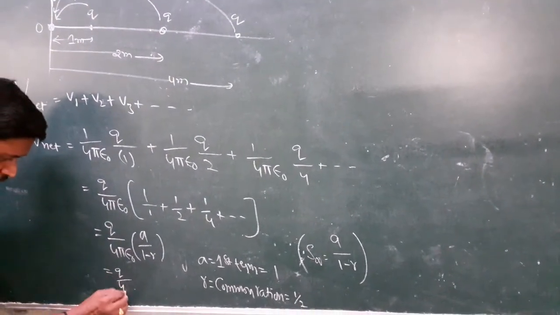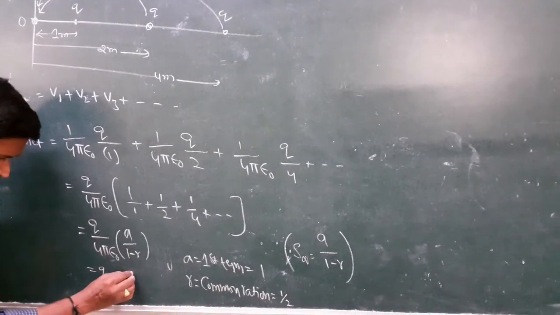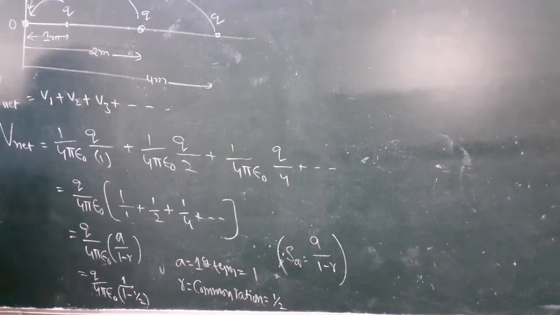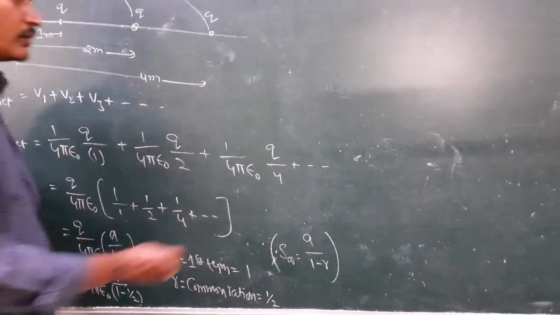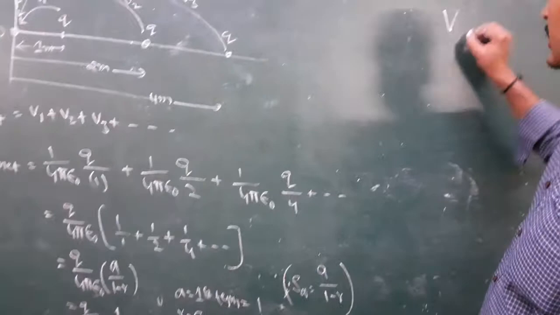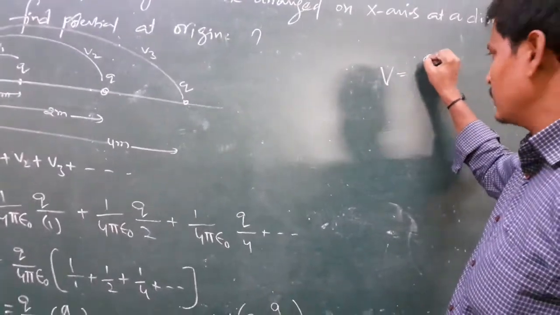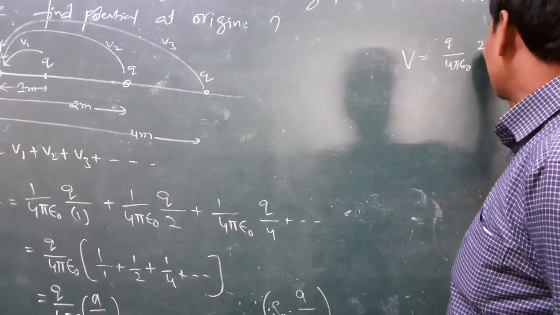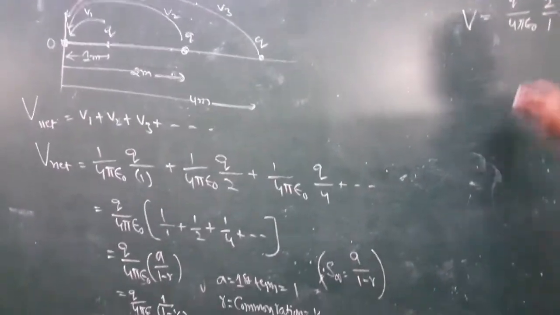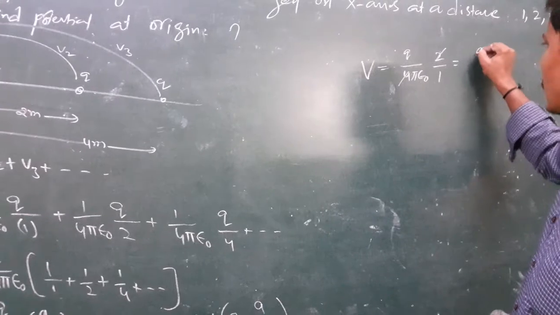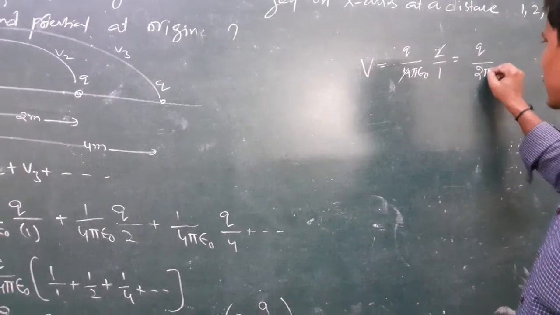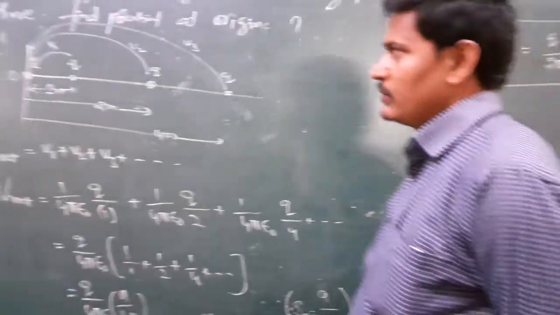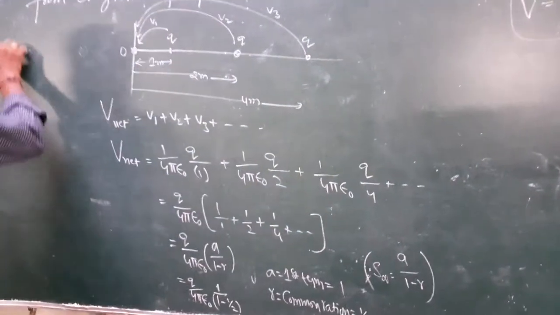So q by 4 pi epsilon naught into 1 by 1 minus 1 by 2, that is 2. Potential V is equal to q by 4 pi epsilon naught into 2 by 1. The 2 gets cancelled: q by 2 pi epsilon naught. This is the potential.